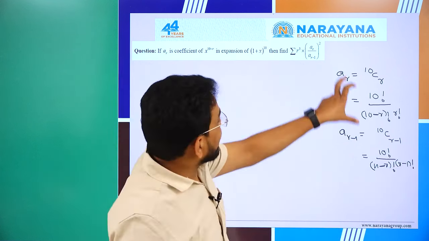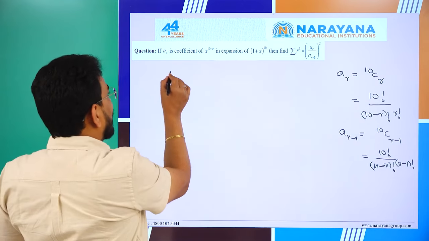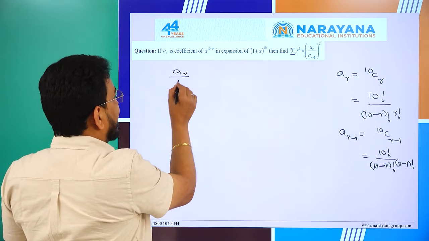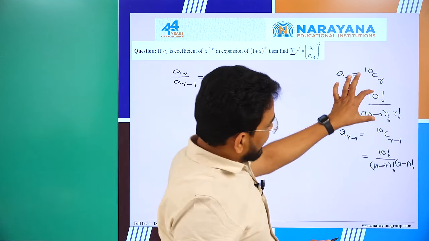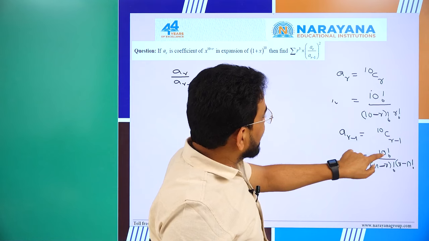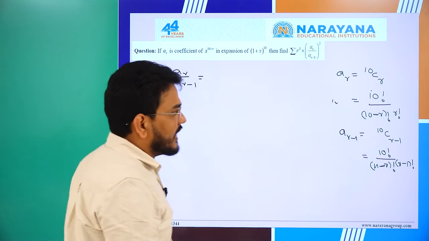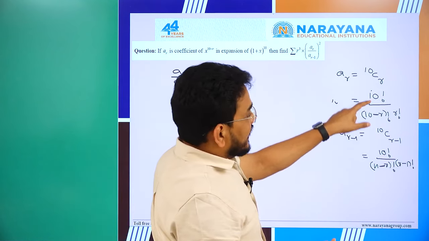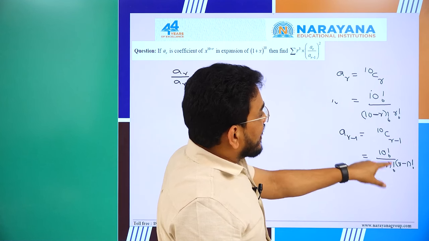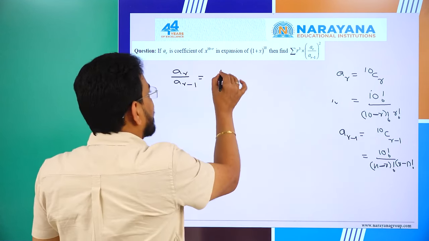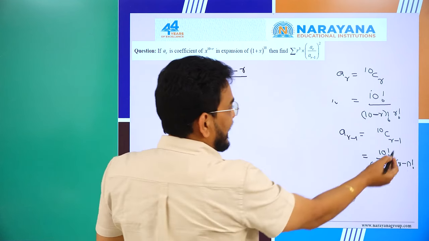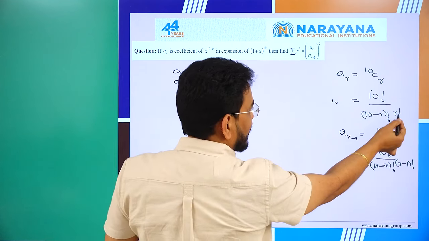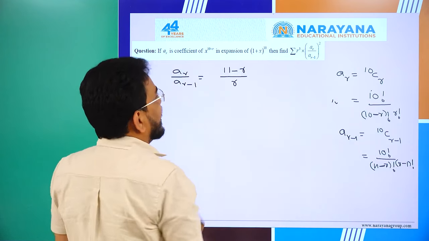So let us concentrate on what is the value of A_r by A_(r minus 1). So you need to take this by this. 10 factorial will be eliminated, and here (11 minus r) factorial by (10 minus r) factorial will be equal to (11 minus r), and here (r minus 1) factorial by r factorial, so you will be getting r.